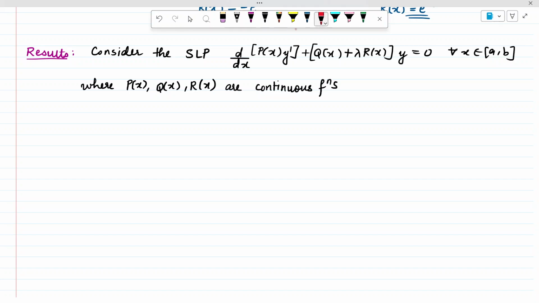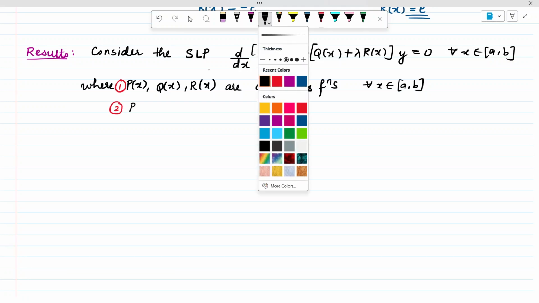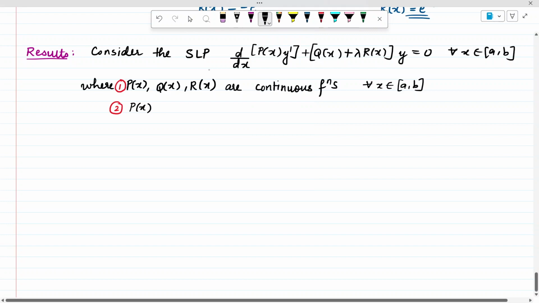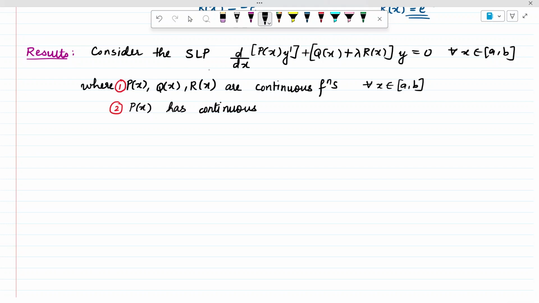This is the necessary condition number 1, and this should be true for all x in the same interval. Condition number 2, p x has continuous first order derivative.